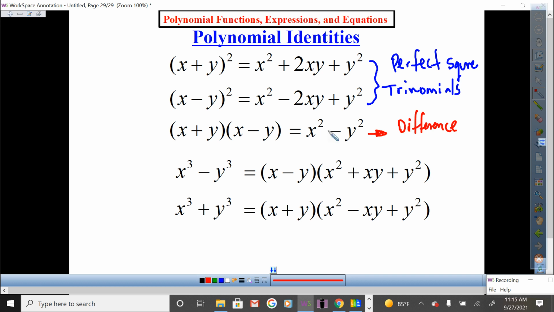Why difference, Mr. Q? Because, look up, this is a subtraction. That's what difference means. Subtraction of what? Squares. Why squares, Mr. Q? Because this one is a square and this one is a square. Okay. So, if this one is known as difference of squares, what would be the name of this one right here?